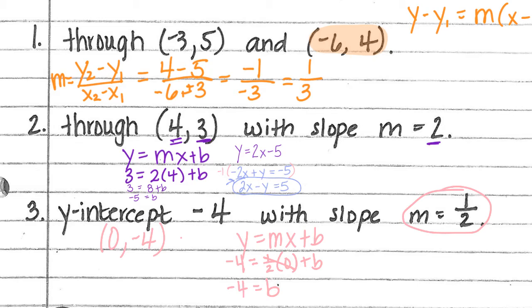Now remember, that wasn't my answer. We're going to put it back into slope-intercept form. y equals 1/2 x minus 4. And then we're going to put it into standard form, which is ax plus by equals c. In order to do that, I want to get the 1/2 x over, so I'm going to subtract 1/2 x from each side.